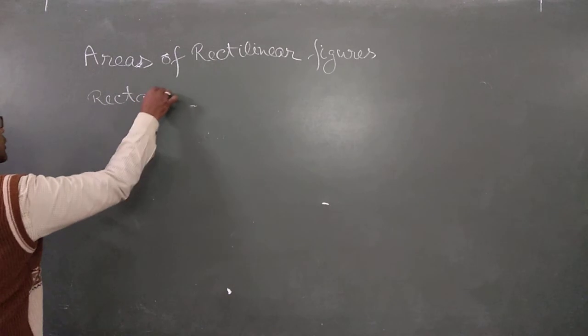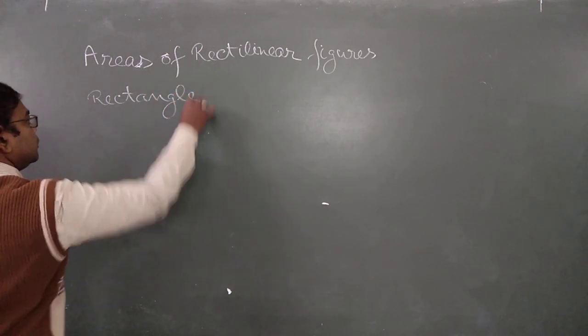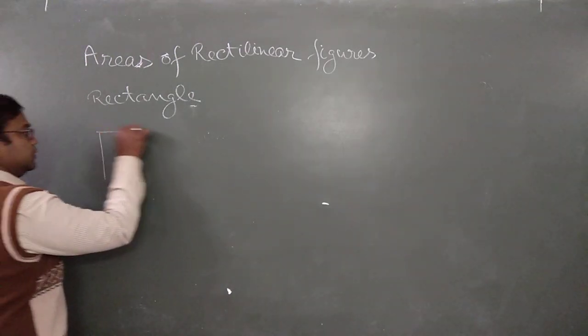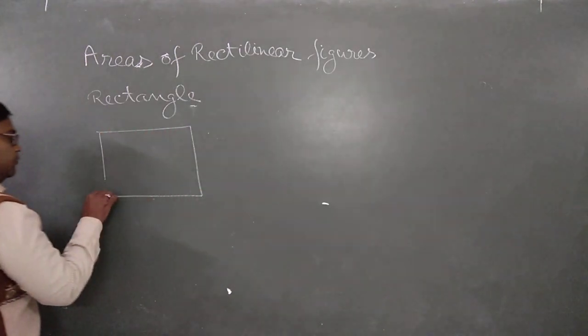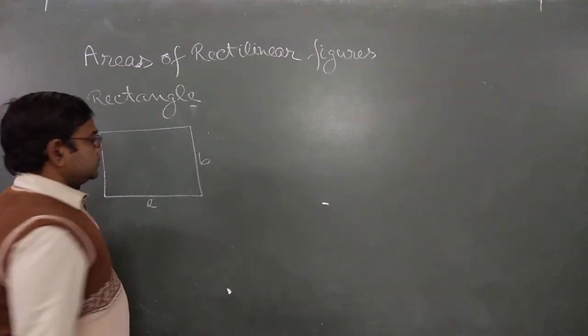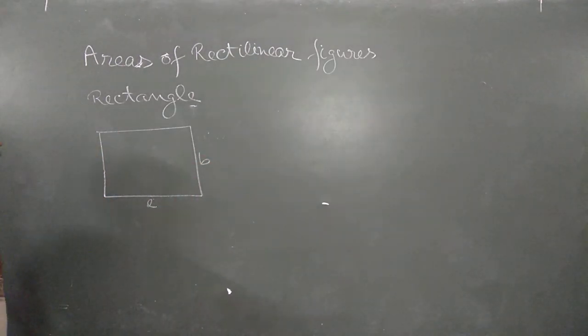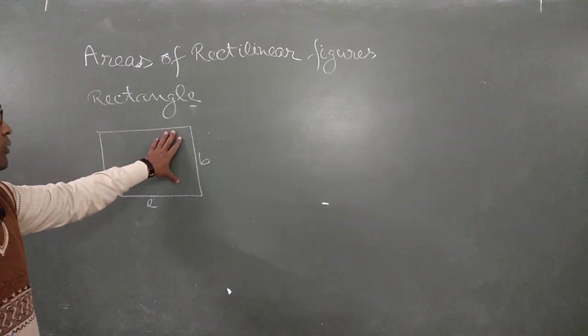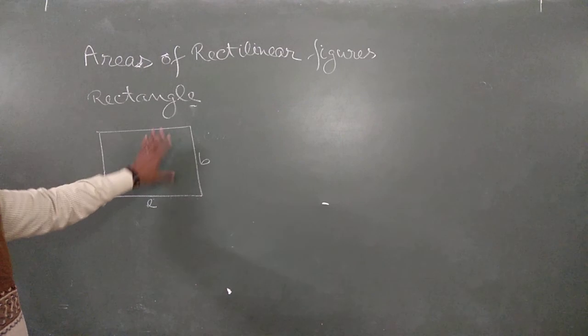Before we start, we must know the formulas or concepts for finding the different things. Always remember that in a rectangle, one side is known as length and the other side is breadth. Always remember, the longest side is length and the smaller side is breadth.